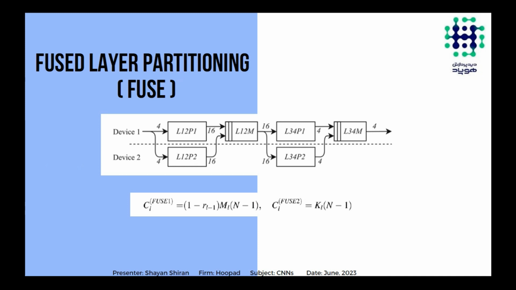If we are not enabling the data reuse, the communication overhead for fuse 1 is 0, and then we calculate for fuse 2. You can see the formula here, and again it's just the sum of the numbers on the arrows that are crossing the device boundaries. It's 4 plus 16 plus 16 plus 4. It's simple. It's how it's calculated. It's simple, but yet again, the implementation of it is pretty hard.